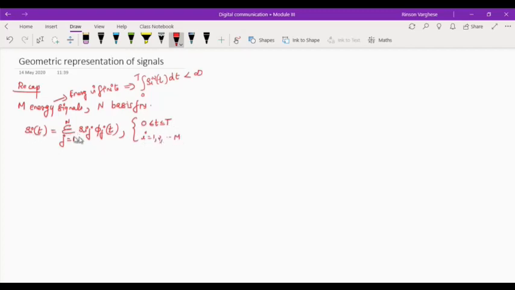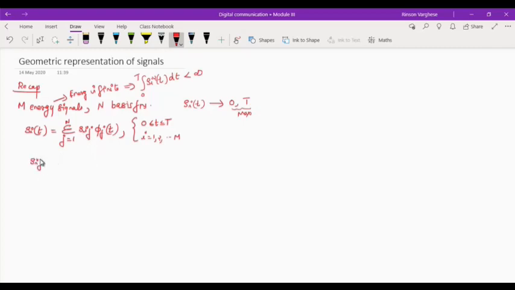That is, I have m energy signals which are represented in terms of these basis functions, and each of the signals has a maximum duration of T. That is, Si of t is non-zero for the interval 0 to T maximum. Okay, now how to find the coefficients Sij, that also was discussed in the last class.